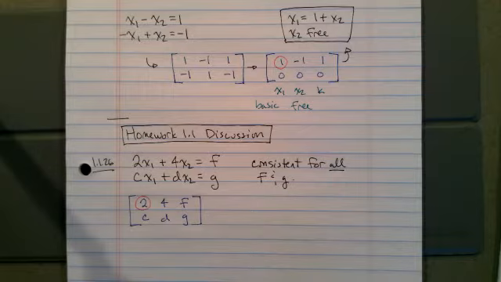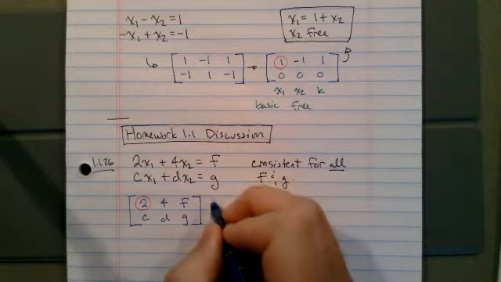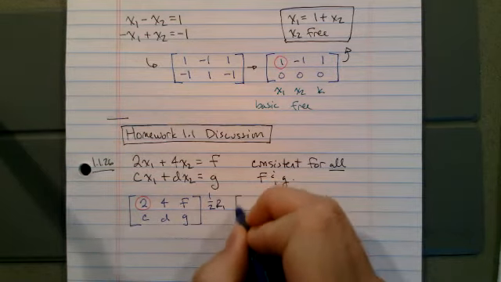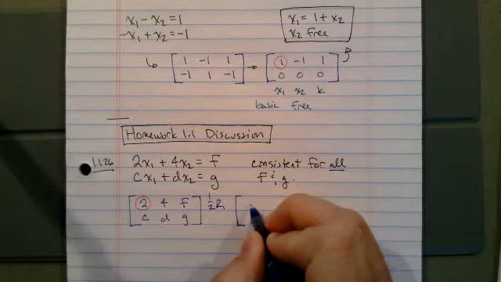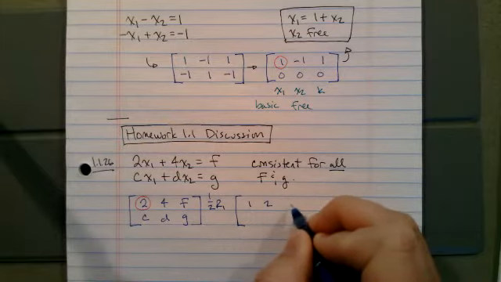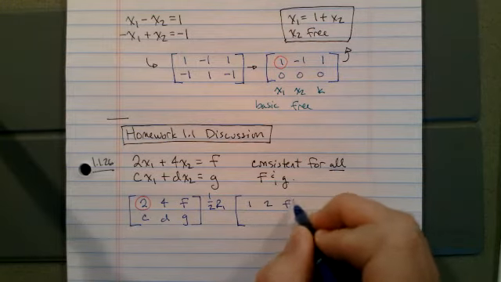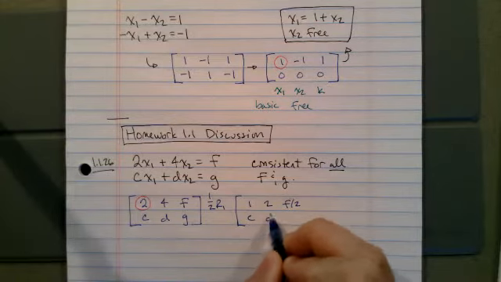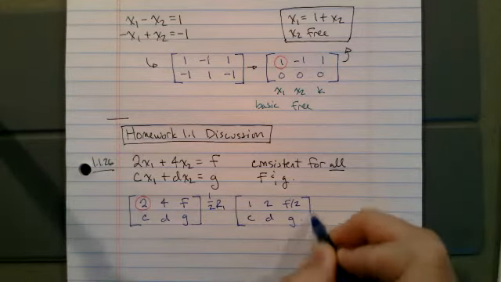To get that to be a 1, because I want the reduced row echelon form, because I'm picky like that, I'm going to multiply the first row by a half. So 1/2 row 1, and the first row becomes 1, 2, and then half of f, so f over 2. The second row I didn't do anything with, so it'll be c, d, and g.